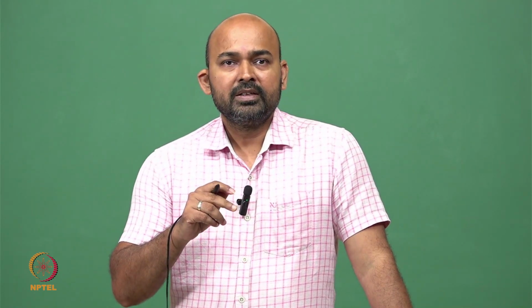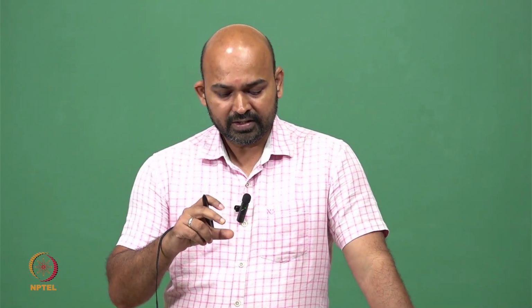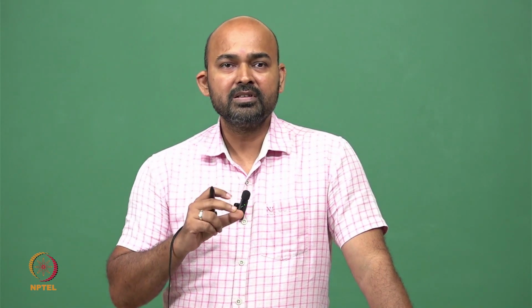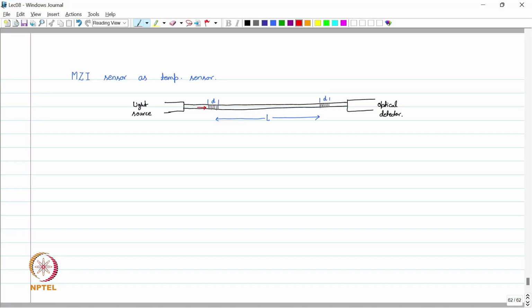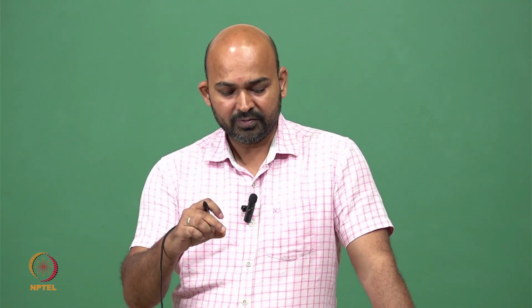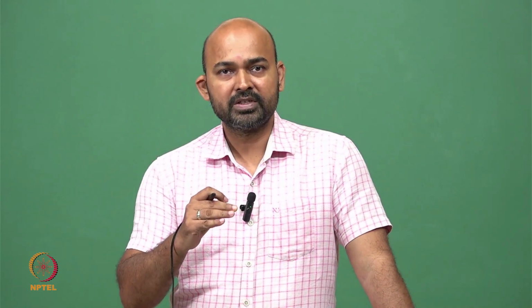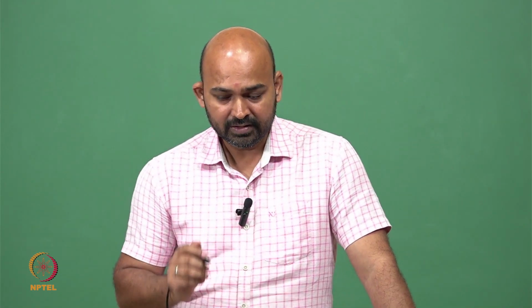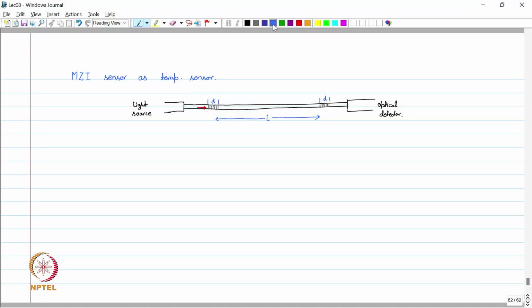Now there is a difference between the temperature expansion of core and cladding material, and that difference gives rise to the difference in the phase between these two waves, one traveling in the core, one traveling in the cladding, and the interference fringes are formed.